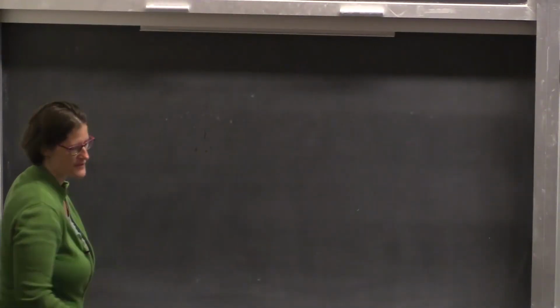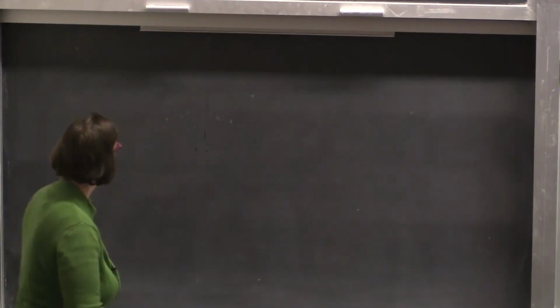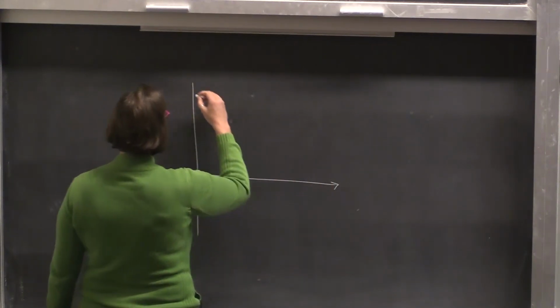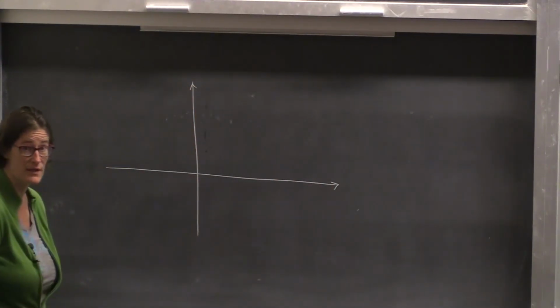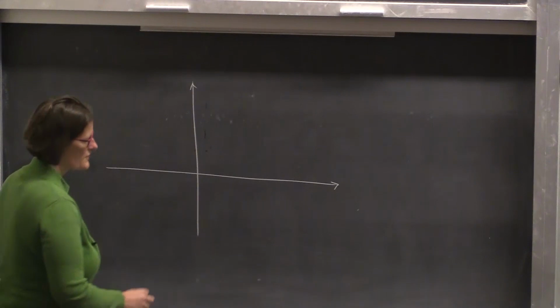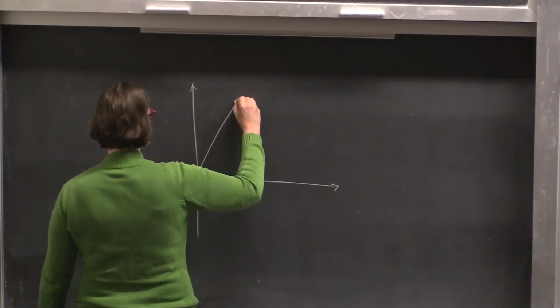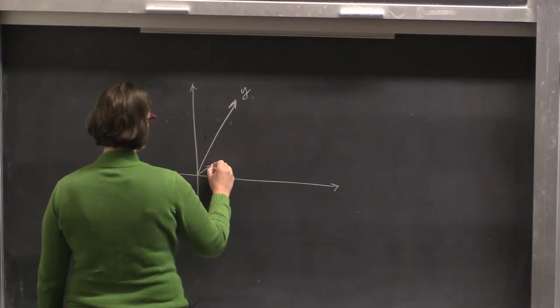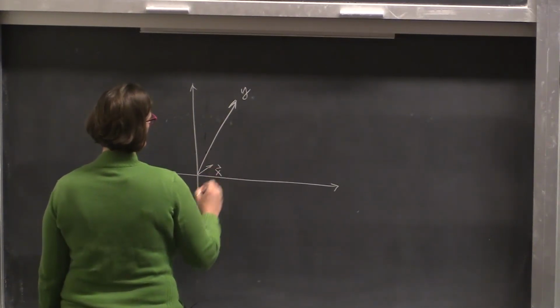I'll give you two different derivations for this. Here, I'm going to draw it in the plane, because ultimately any two vectors are in a plane. So here are two vectors. Here's the vector y. Here is some vector x.